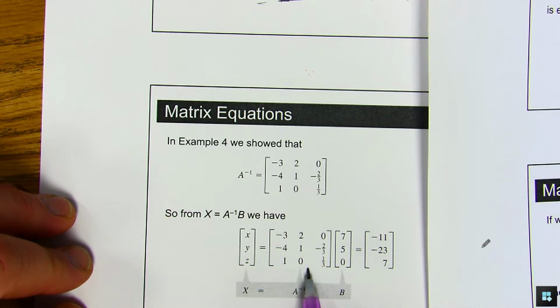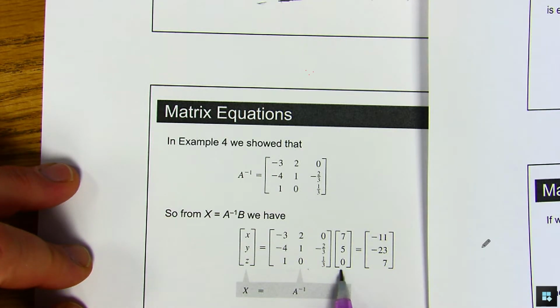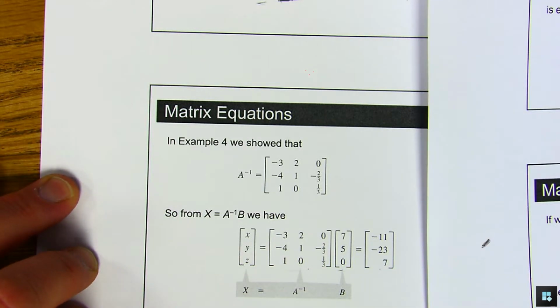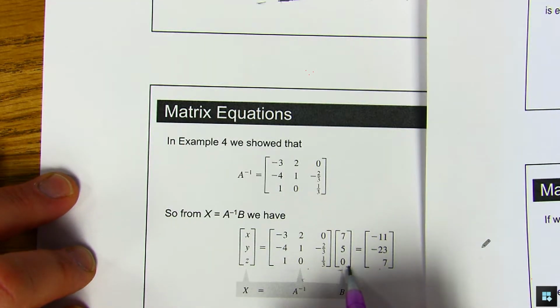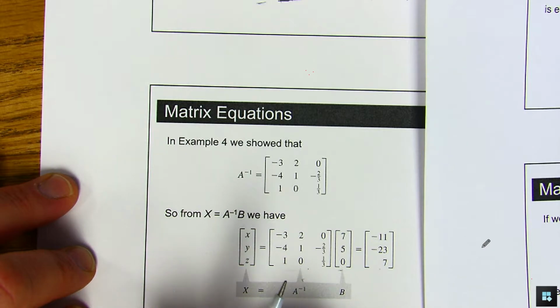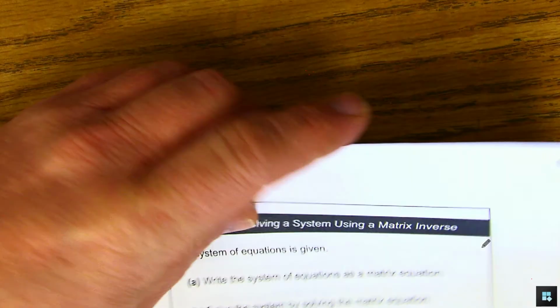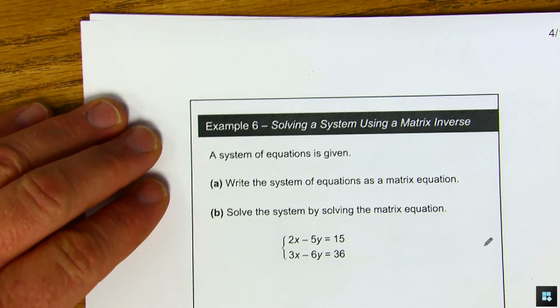If I then multiply that by my constant matrix, I get out the solutions for X, Y, and Z. So if I take the inverse times the constant, that'll give me the solutions for X, Y, and Z. Let's do one and see if it makes any sense to you, okay? Here we go. All right, sorry. There we go. Now we're ready to go.